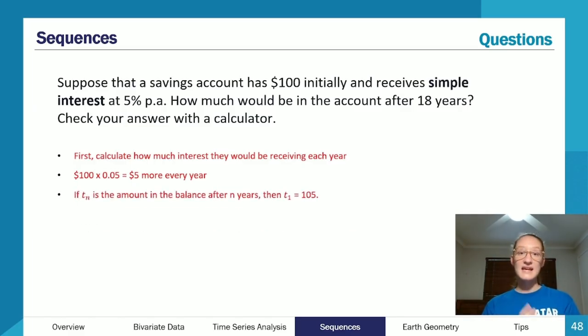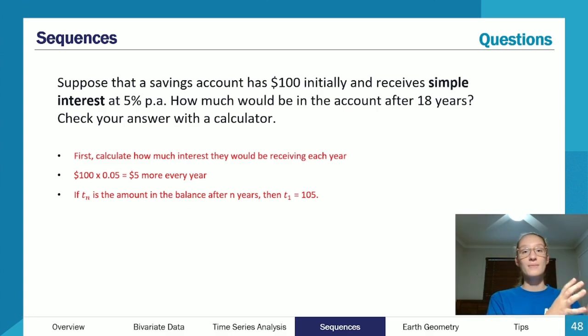So if Tn is the amount in the balance after n years, then T1 equals 105. See what I've done here? I could have said T0 equals 100, and that's still equally true, because now we're doing one of those practical application questions where our starting point, before we actually do anything, is what we have beforehand.